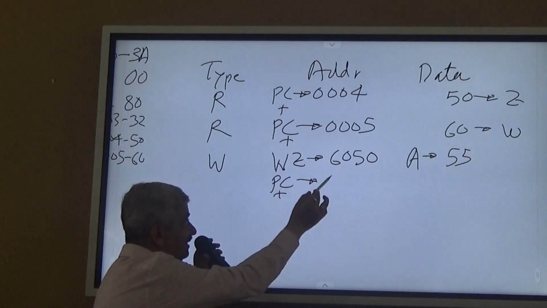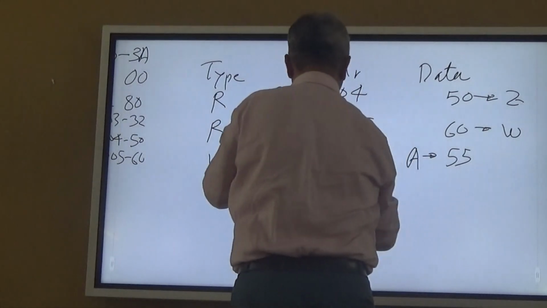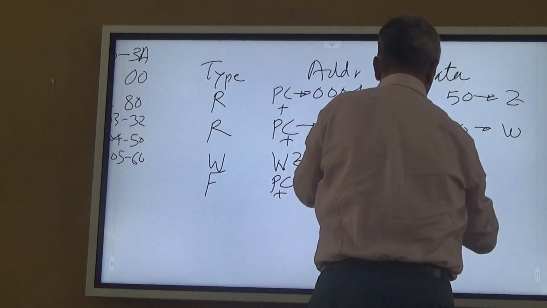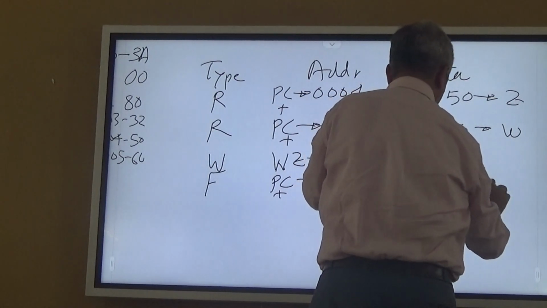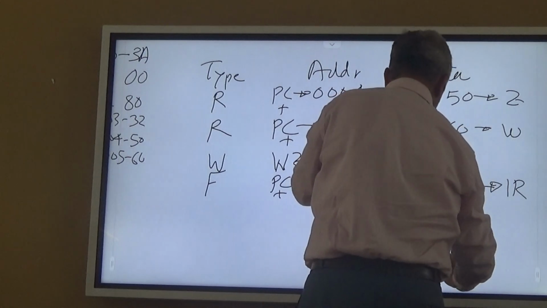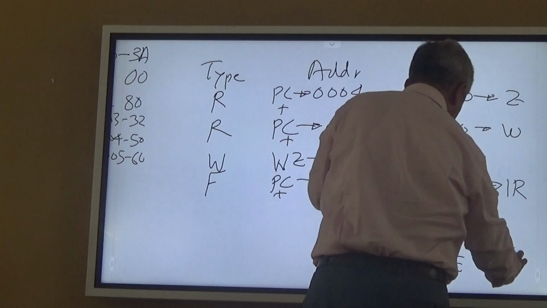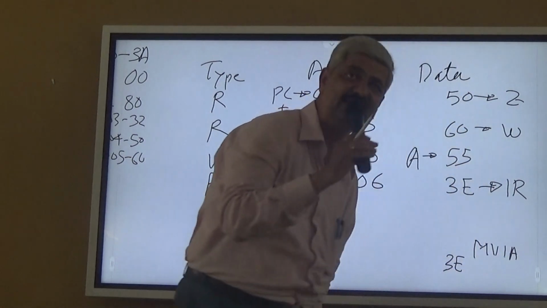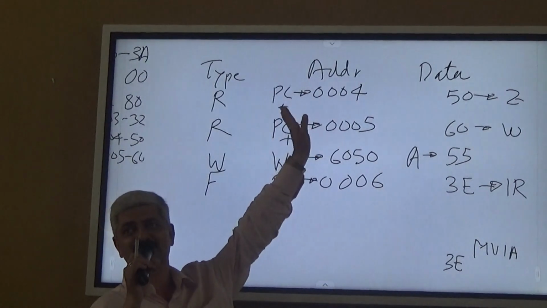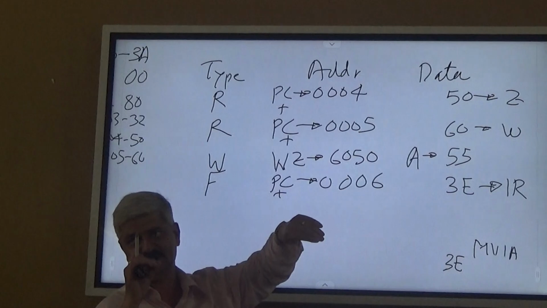Again it is incremented 0006, a fetch cycle, and let us say that 3E goes to instruction register. This 3E happens to be the mnemonic of MVI A, move immediately to A, means the previous one was bringing something from memory to accumulator.